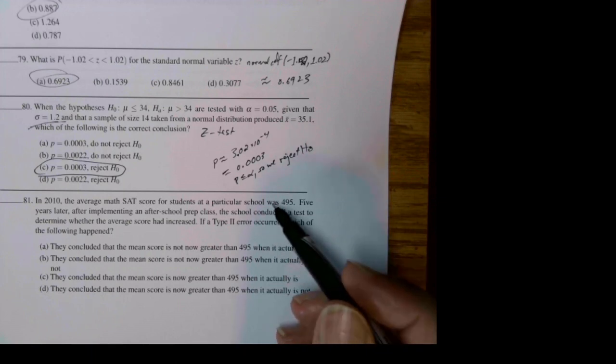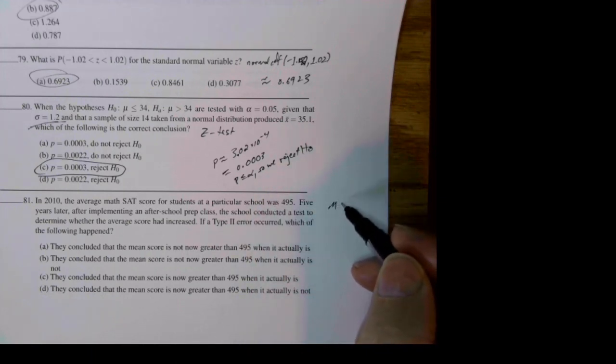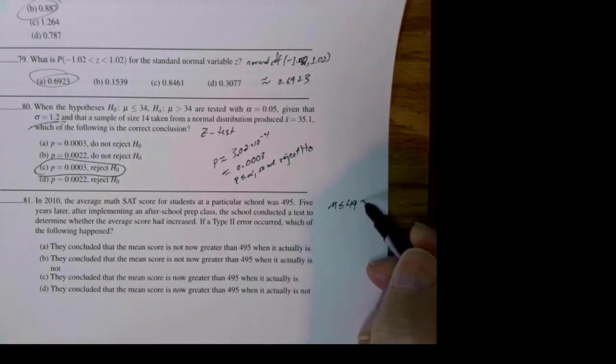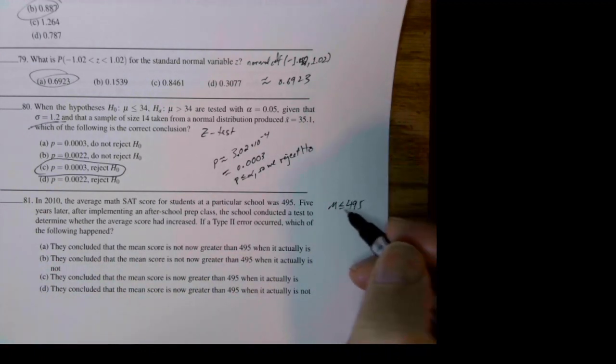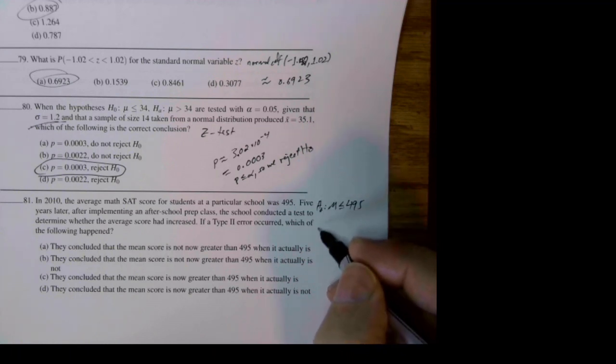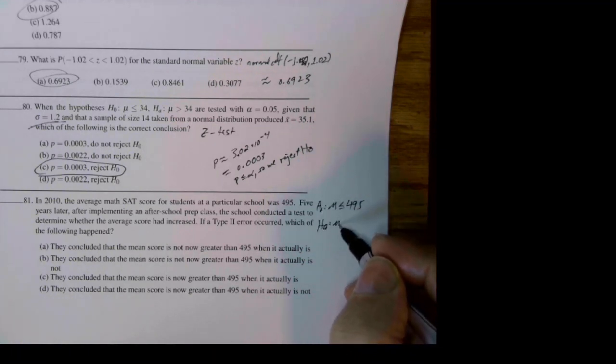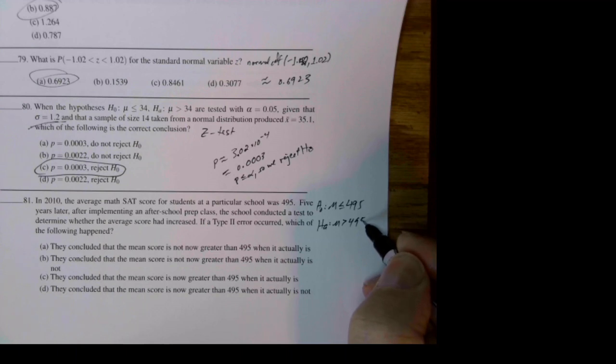Okay. What is the null hypothesis here? Well, their null hypothesis would have to be mu less than or equal to 495, right? Because that was the standing situation until they made the change. And so now they're trying to see whether it has increased. So that increase would be that it's greater than. This would be their H naught, and their H a would be mu is greater than 495.